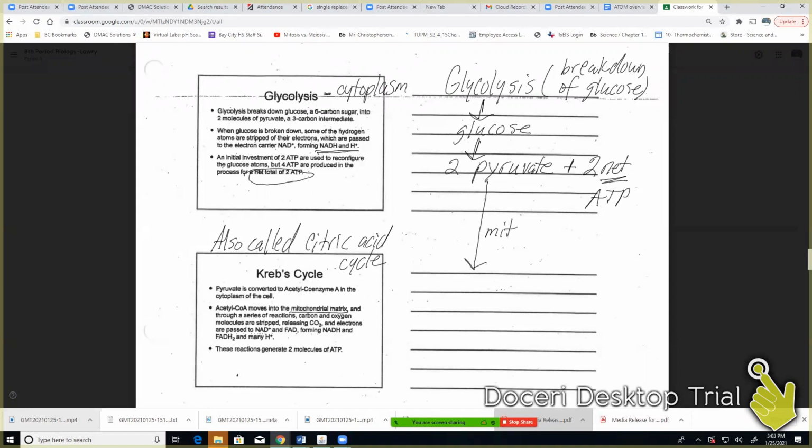It moves into the mitochondria, and more specifically, the matrix of it. It uses an enzyme called acetyl coenzyme A.